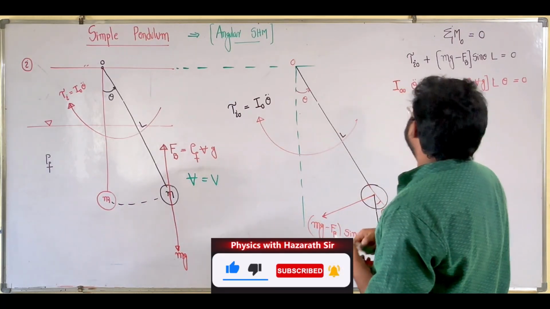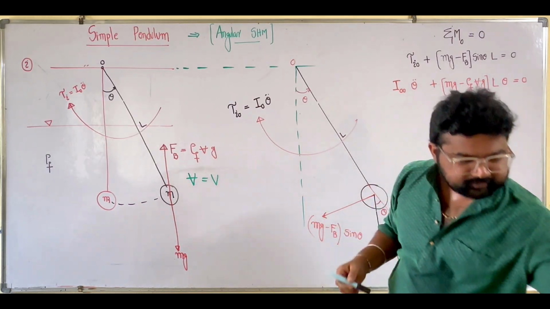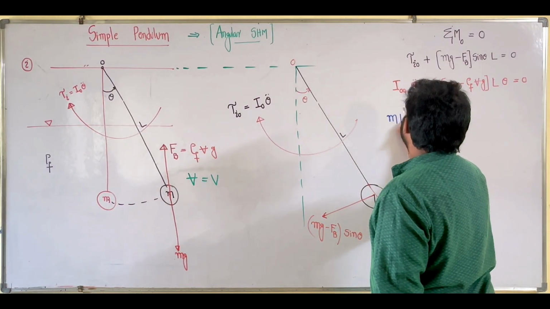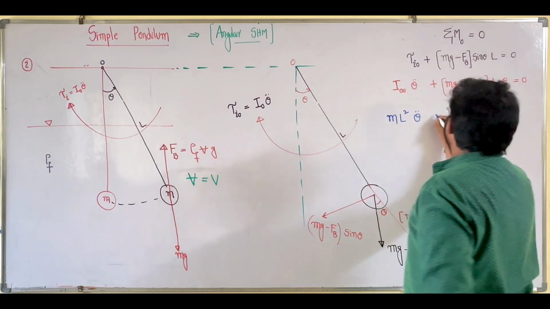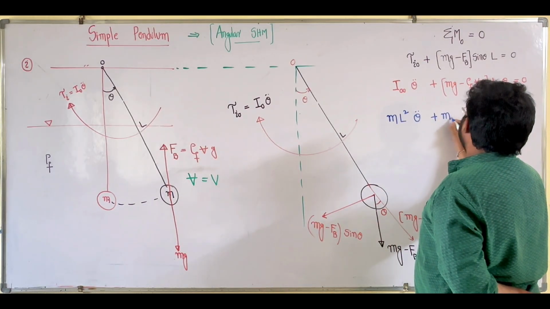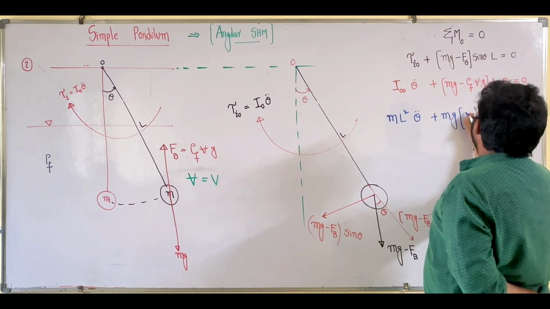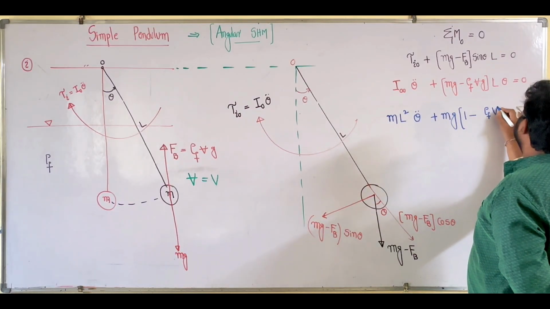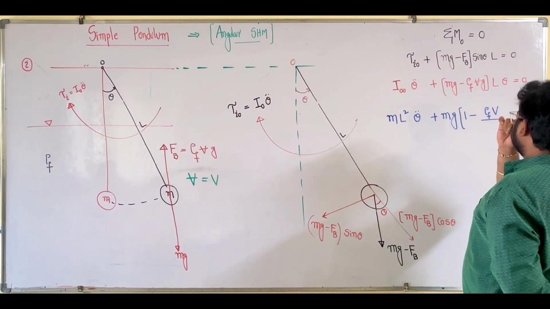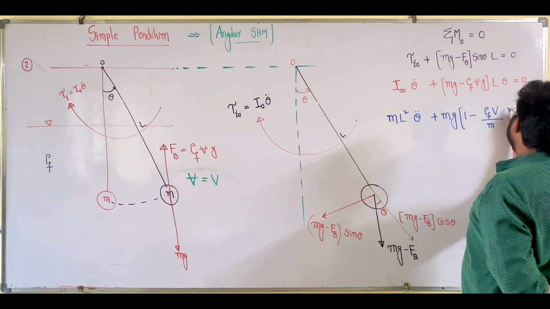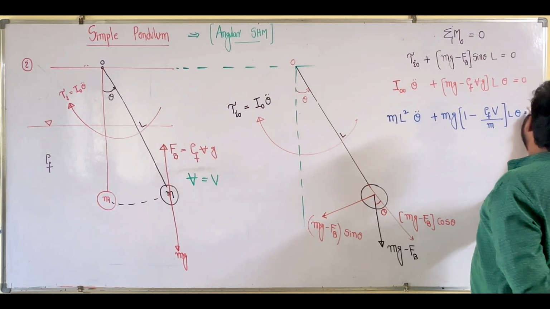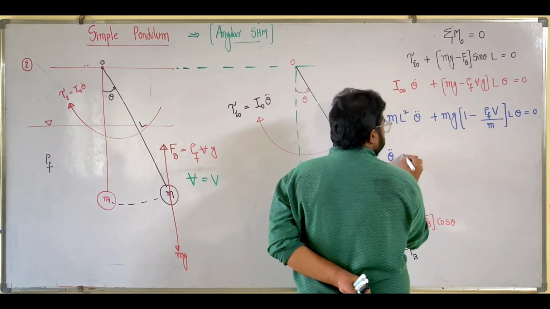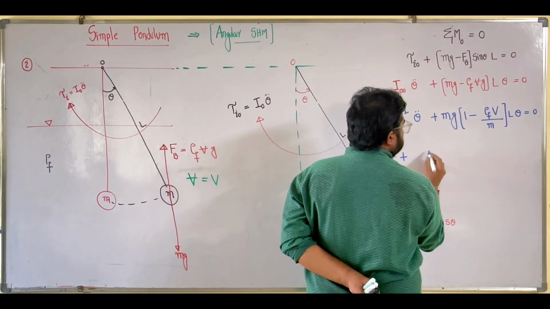Clear? I over is nothing but m L square, so m L square theta double dot plus. Taking mg outside, what do you get? 1 minus density of the fluid into volume of the fluid by m into g, that is m only, into L into theta equals 0. Then m gets cancelled out, L will go.